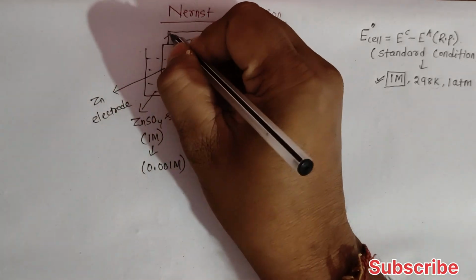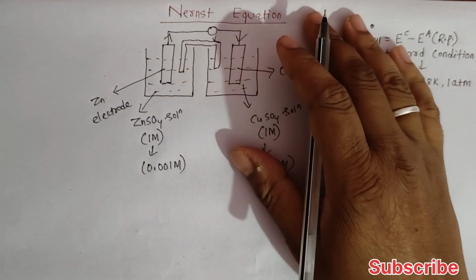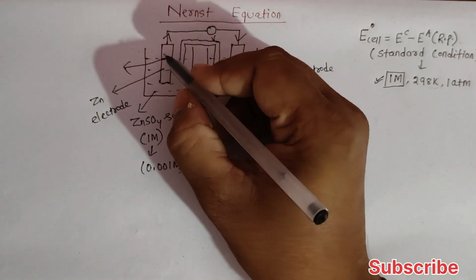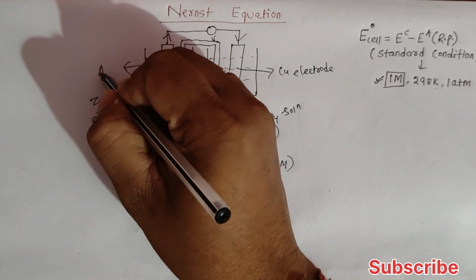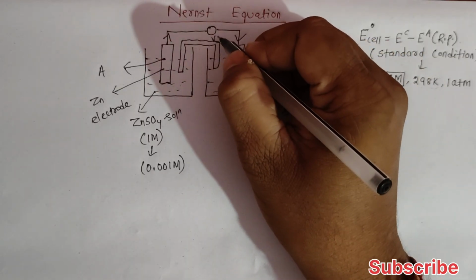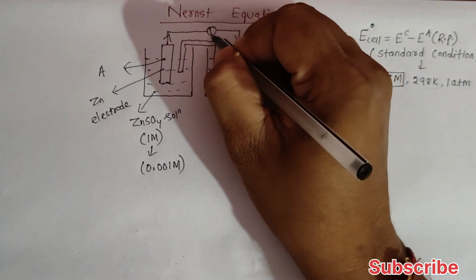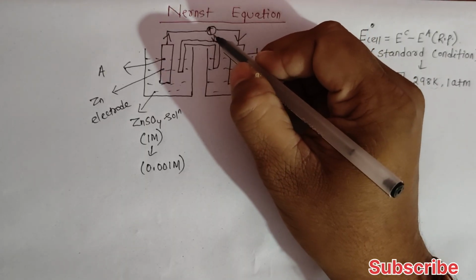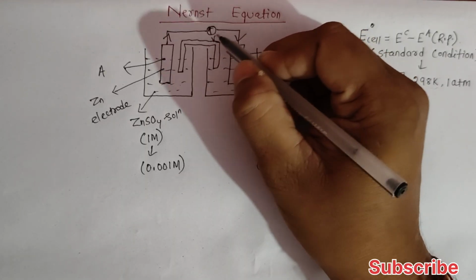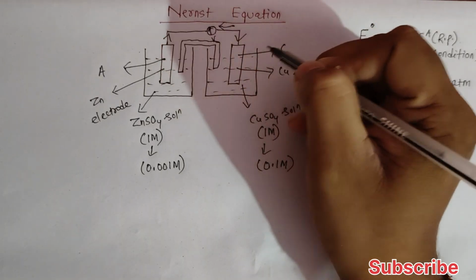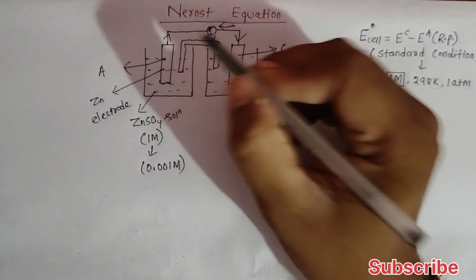As you all know from our previous video, electrons mainly come from the anode and go to the cathode through the voltmeter, where a pointer shows the flow of electrons. That means the current flow is from cathode to anode.